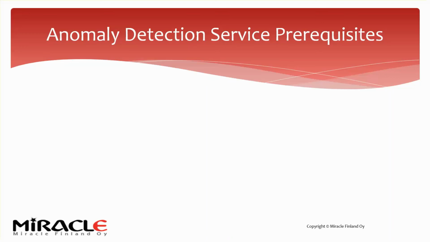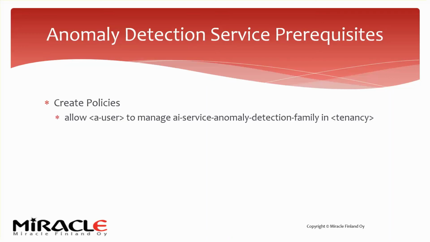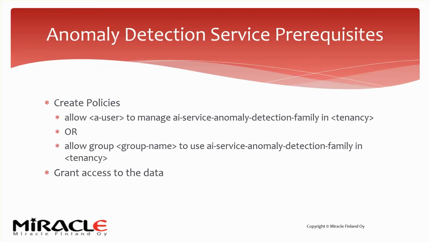All of these OCI services have some prerequisites that you have to prepare before you are able to use them. You have to create policies, either for a group or a single user. I prefer granting the privileges, creating policies, for a group.